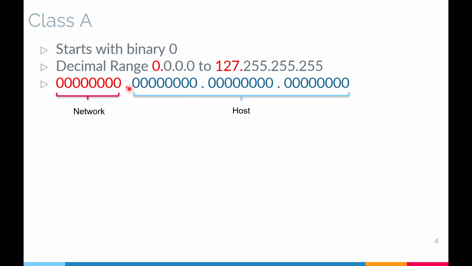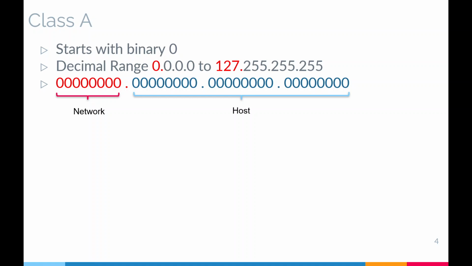And when I talk about this host portion, this can have multiple combinations of zeros and ones, but the network portion for class A is fixed until the first octet, all right? And it can range from 0 to 127.